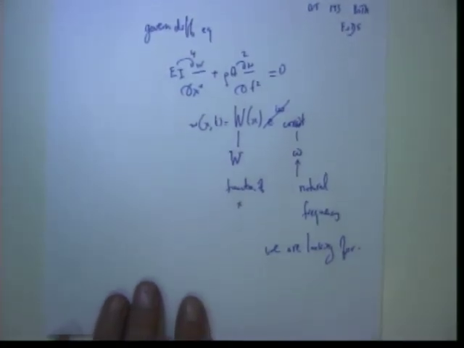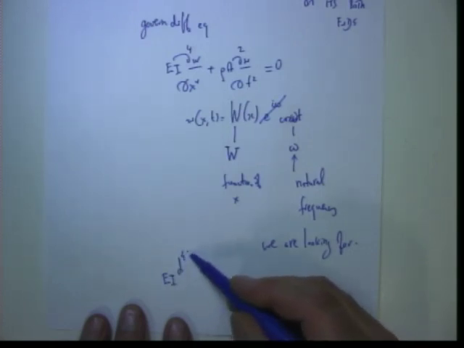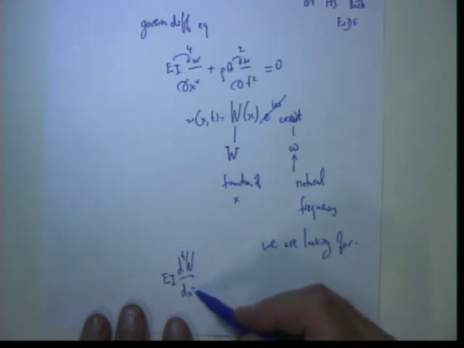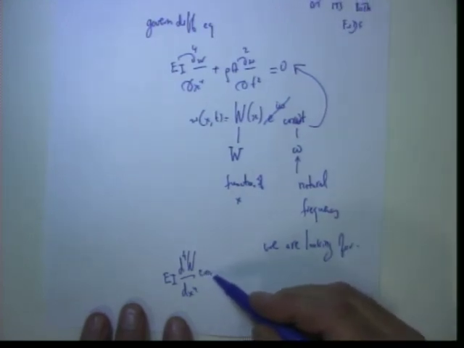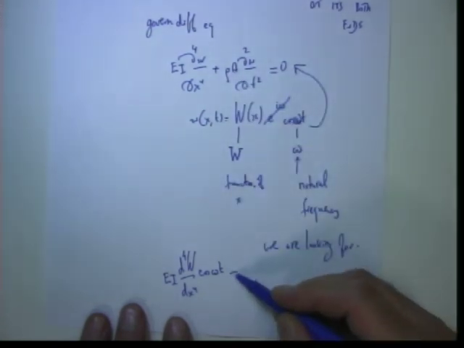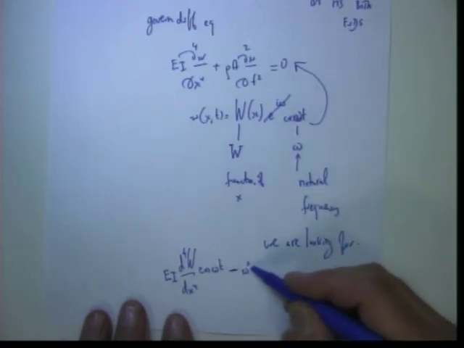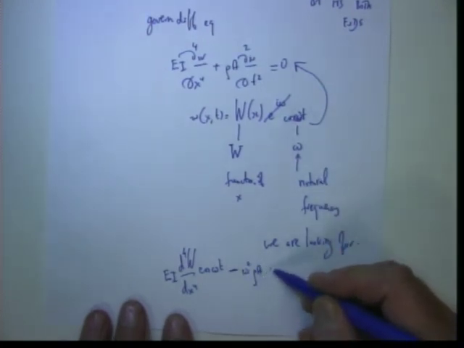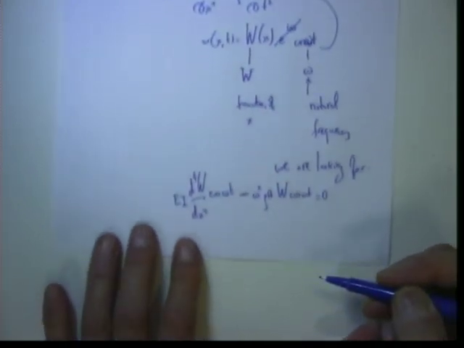So what we did, we substituted this there. It is nice to write all of this again. Then it will be d4W/dx4 times cosine omega t, then minus, because the second derivative of cosine omega t gives minus omega square, rho A W cosine omega t equals 0.